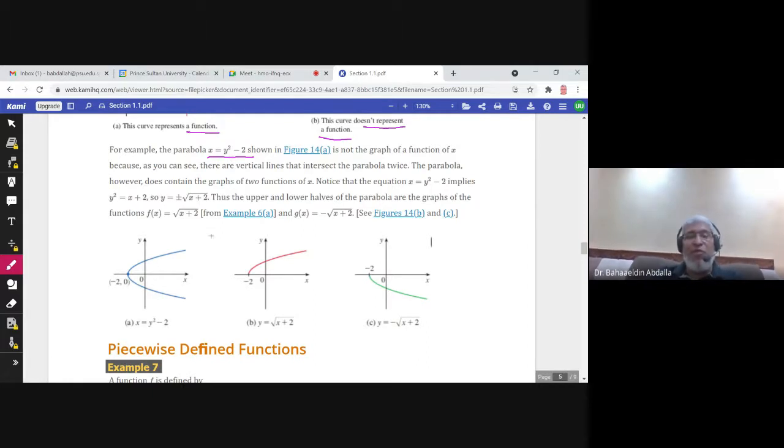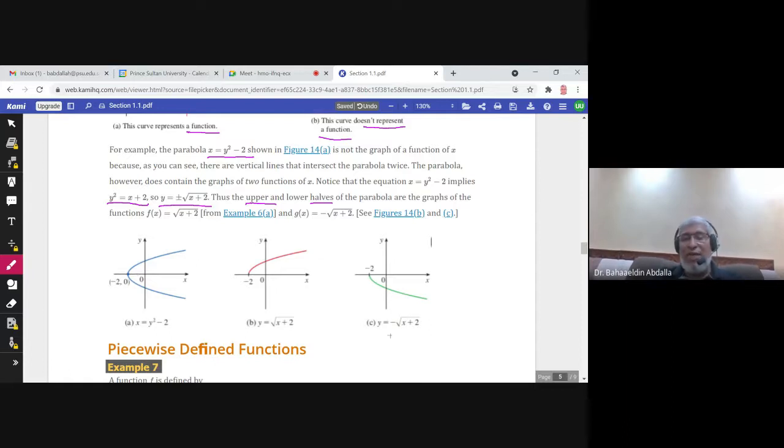But if you solve this equation for y, if you take 2 to the other side, then y squared would be x plus 2. And then if you take the square root, y would be plus or minus the square root of x plus 2. So there are two functions here. y equals the square root of x plus 2, where y is positive, is the upper half of the parabola.